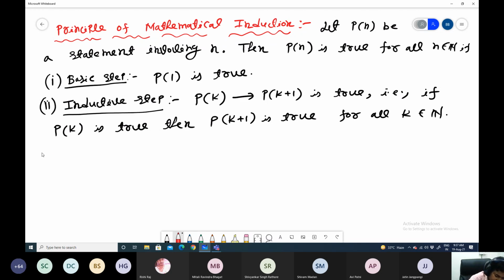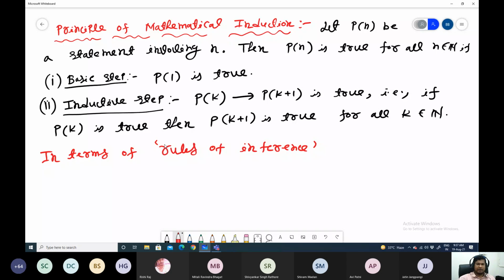So in terms of rules of inference, in the last lecture we have seen some rules of inference, right? That means some statements or propositions can be expressed in terms of logic operators only.